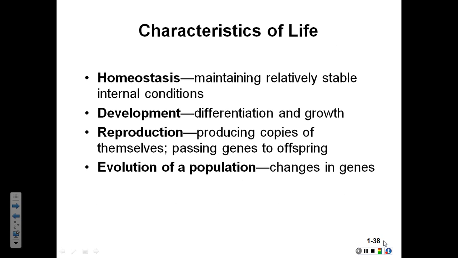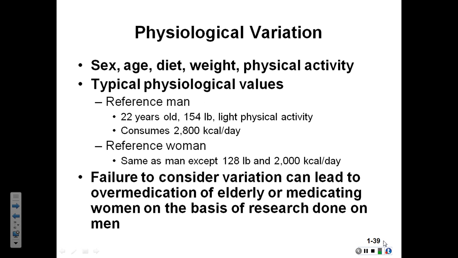What happens when we have genetic defects? If you alter the genes, what happens? Yeah, mutation. All right, so age, sex, diet, weight, all of these vary in between men and women.